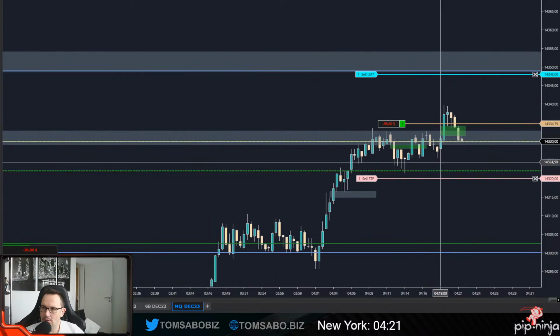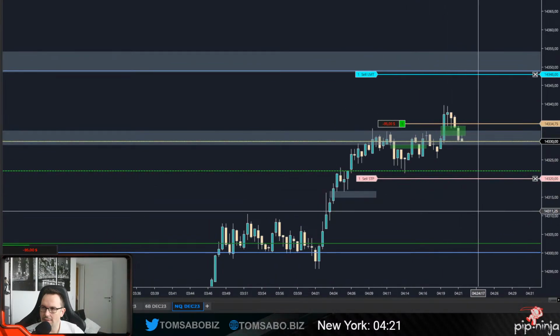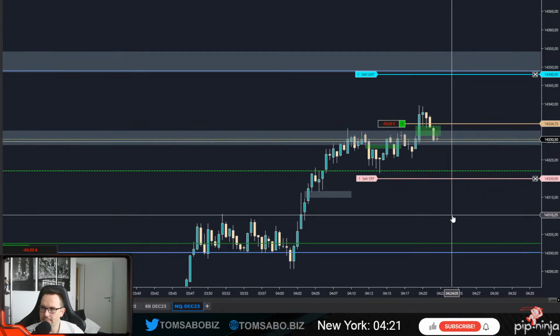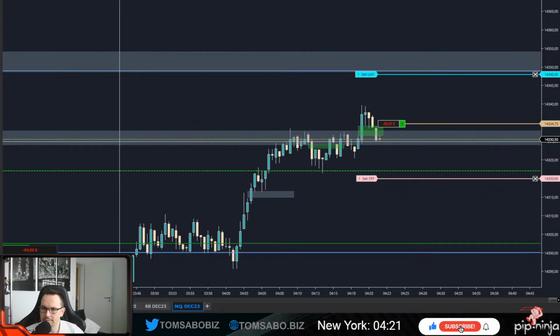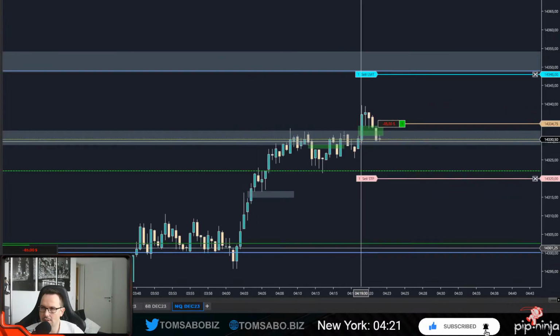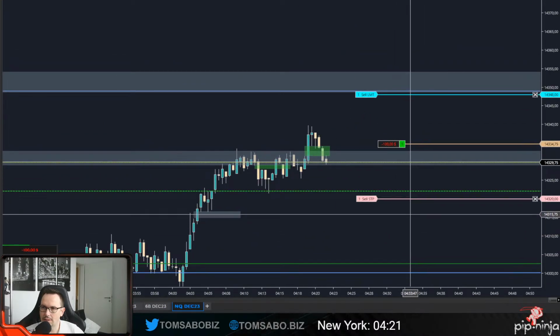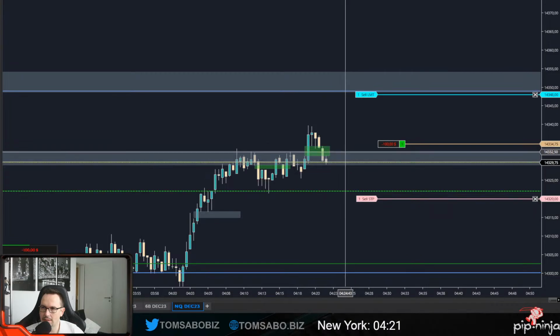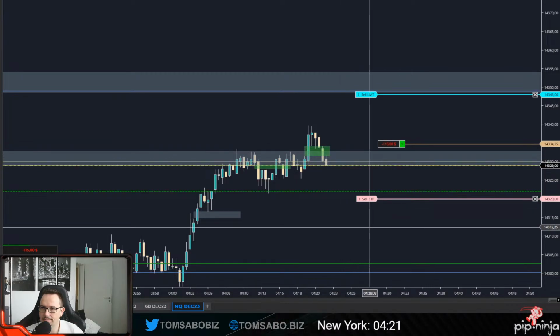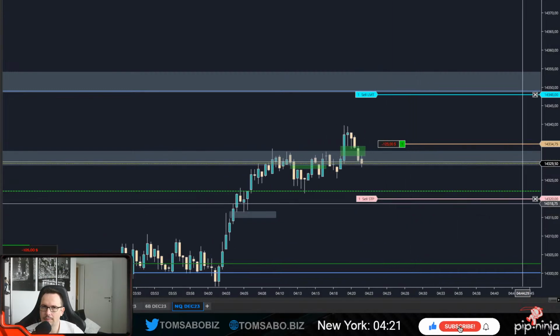If it trades below this level, then yeah. Gold is down again. Don't like this price action. We're back into this fair value gap. Don't like this one.